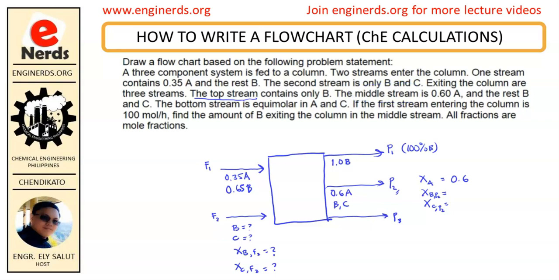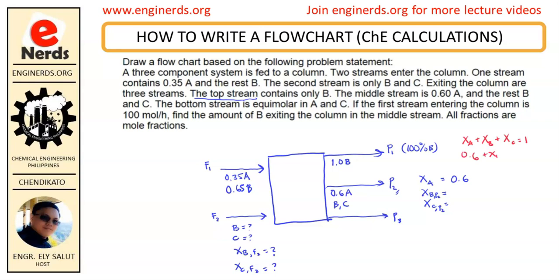Ang sabi dito sa problem, meron daw tayong mole fraction na 0.6 ng A. So, the rest is B and C. So, alam natin guys na ang mole fraction is the sum of all the mole fraction ng component. So, we have XA plus XB plus XC is equal to 1, no? So, in this case, ang XA natin is 0.6.